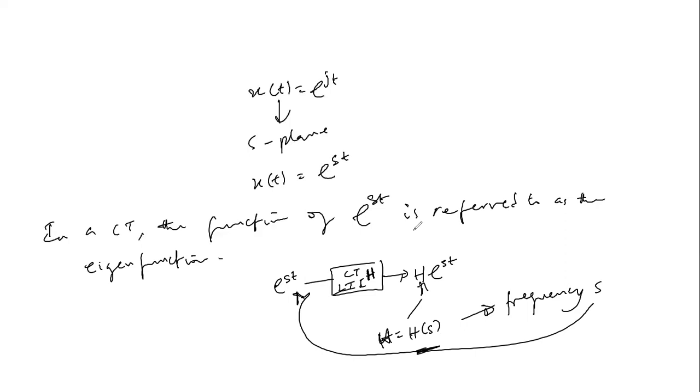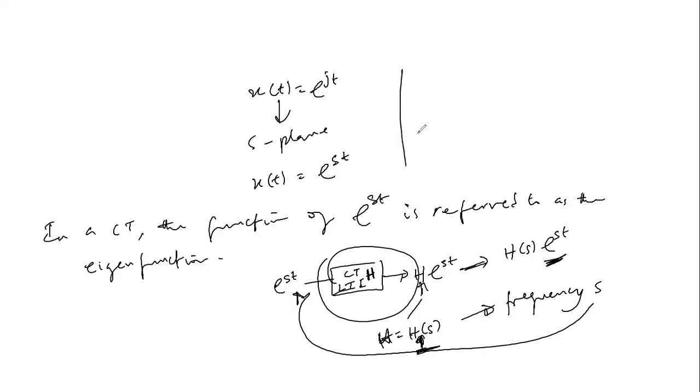It changes. So this is very important because the parameter that now describes the system is a complex function. Okay? And once that complex function, which is H of S, multiplies the input signal, then the amplitude and the phase of this input signal changes.